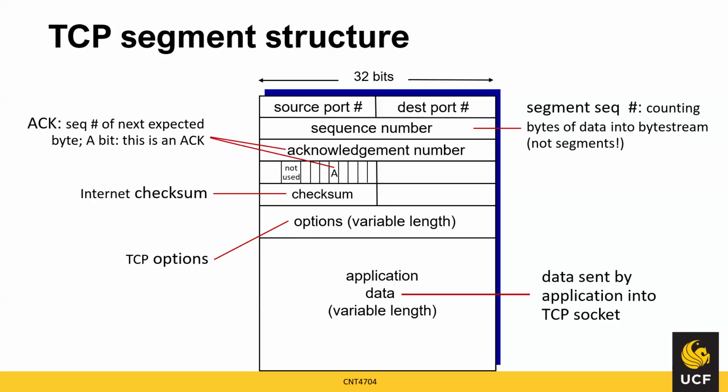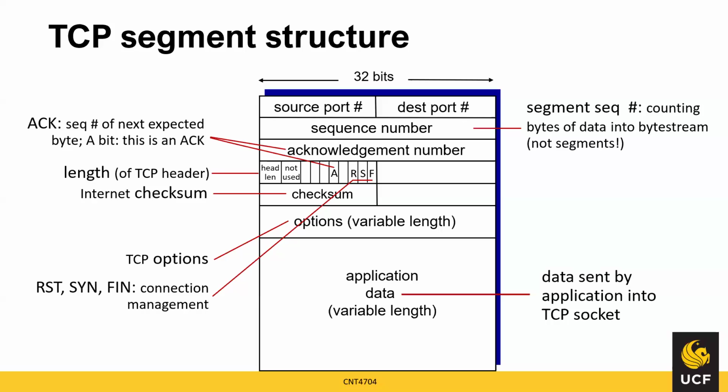And then we have extra features, like the TCP options. This allows for extra features and is variable in length depending on which options are being used. Because of that, TCP includes a header length to tell how long the header actually is.